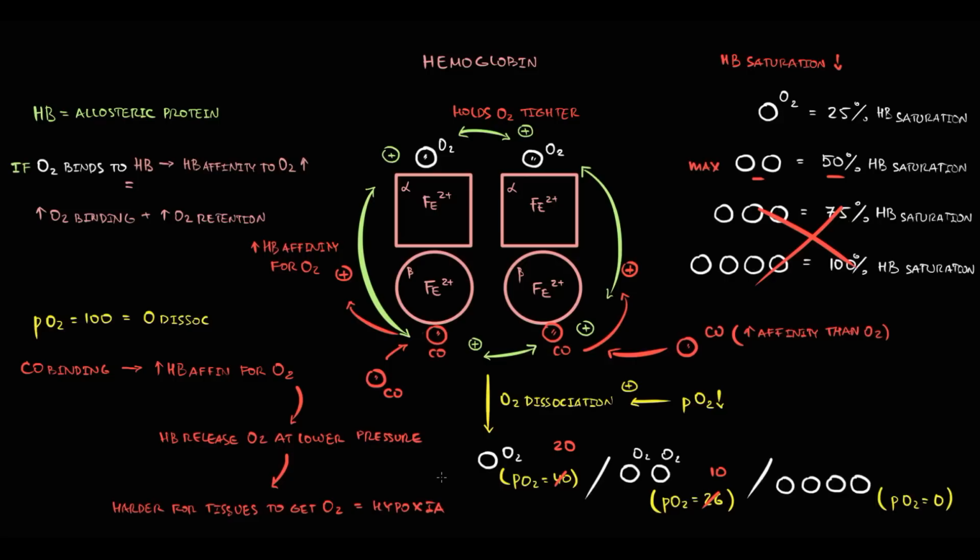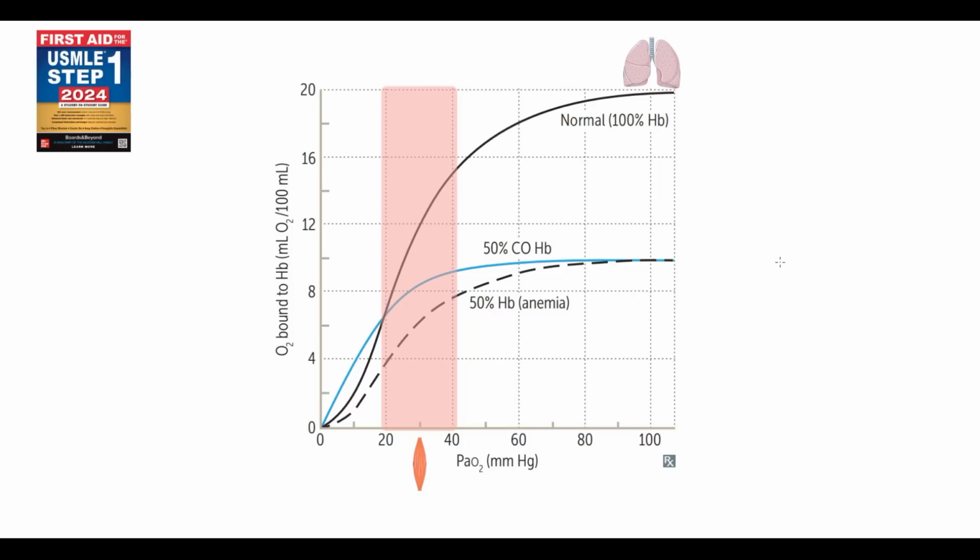So let's illustrate this. Here we see a normal oxygen dissociation curve. Here we can see points where hemoglobin releases oxygen under normal circumstances. With anemia, hemoglobin saturation becomes 50. Because there are 2 times fewer oxygen molecules bound to hemoglobin, the graph becomes 2 times shorter.